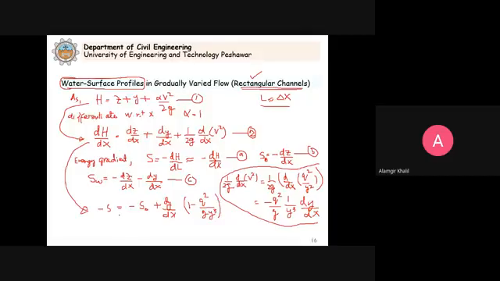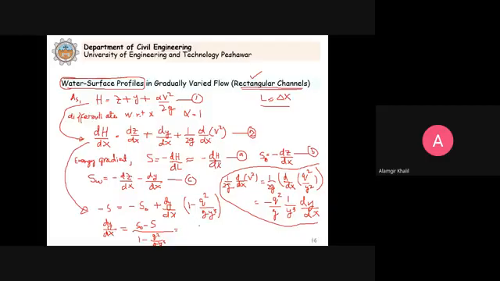Now when you simplify this, you will get dy by dx, the rate of change of depth with respect to x. So this will be equal to S naught minus S, since S naught will go to the left side, divided by 1 minus q square divided by g into y cube.